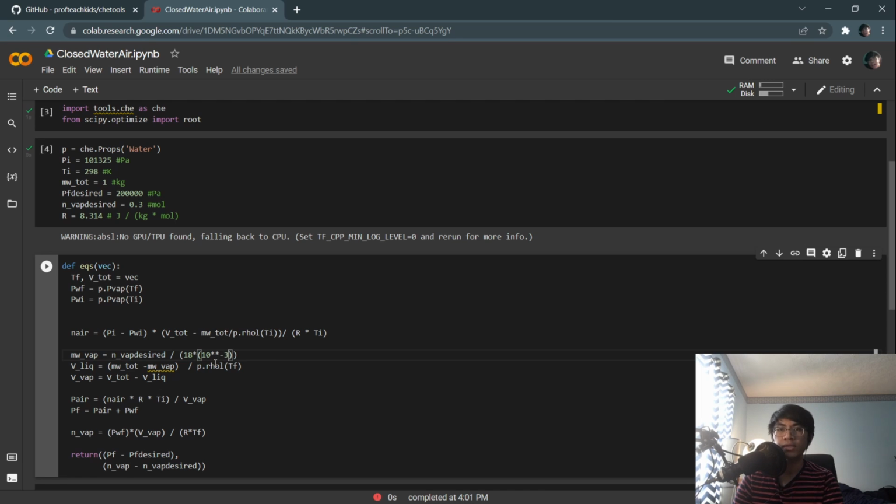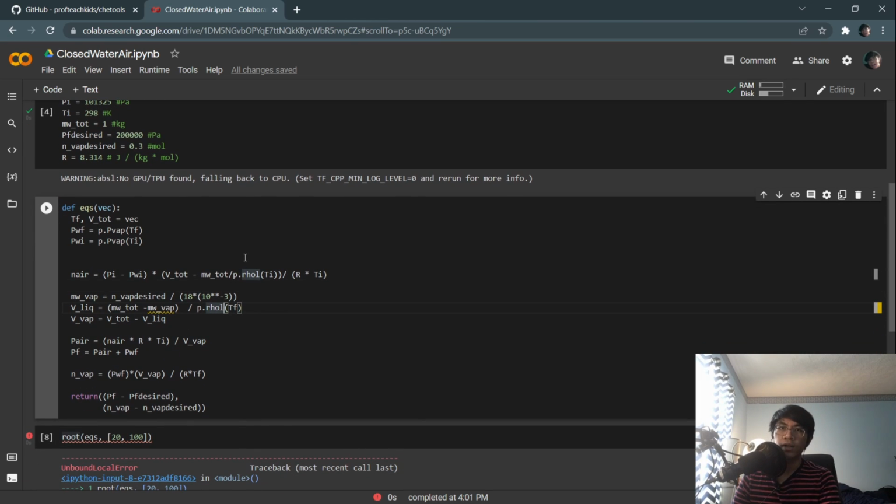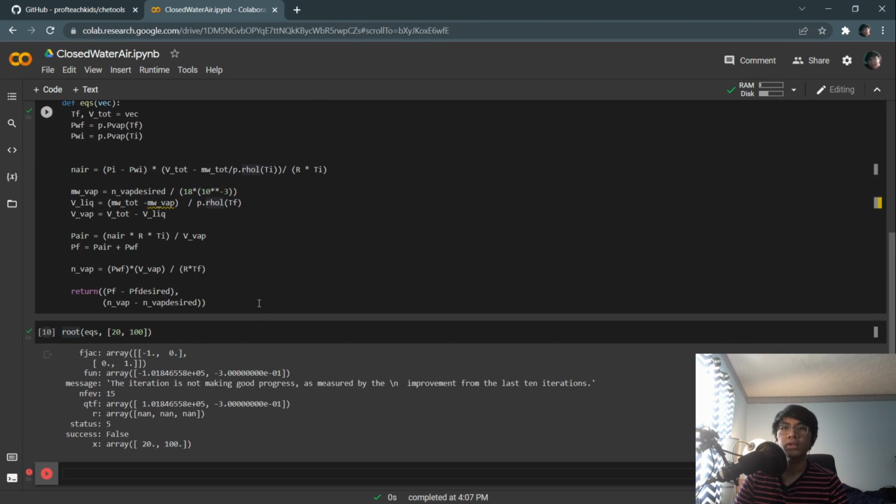We know grams per mole is around 18, so we just divide by 1,000, three zeros, to get our SI units. That should be around right, and our guesses are completely off.